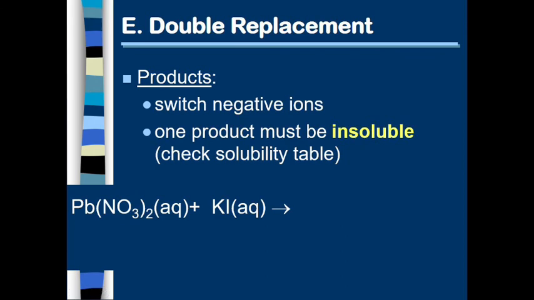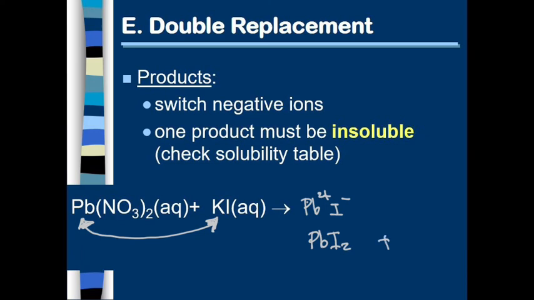In this first example, you have your lead 2 nitrate and potassium iodide. These will actually react with each other. So my lead being a metal will cross over paths with the potassium. And if you had to predict the products, your lead with a 2+ charge is going to be with iodine and a 1-. That is PbI2.